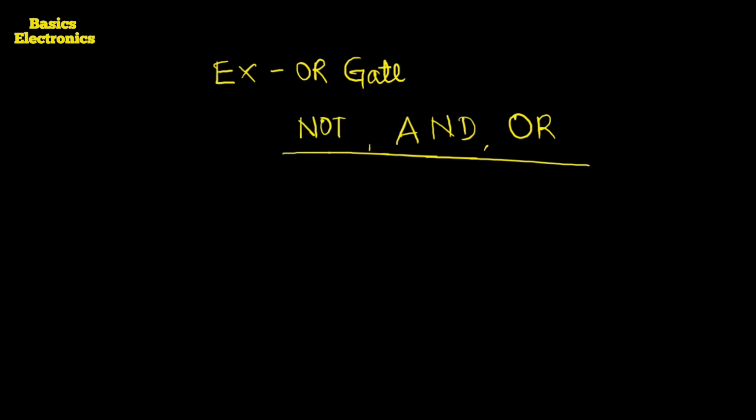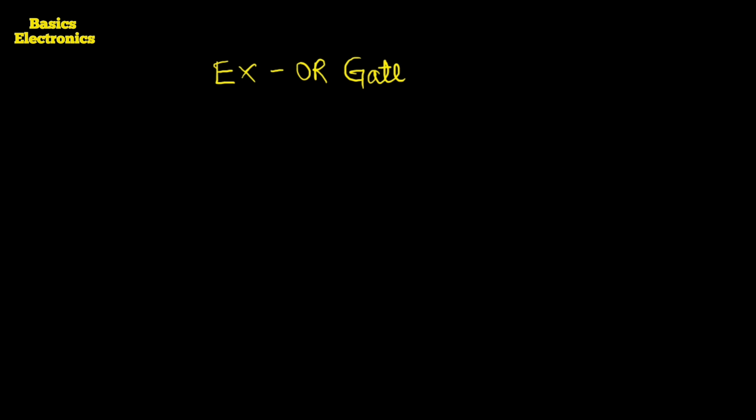Because we have to produce the output that is the mod 2 addition. In other words, the output of the XOR gate is different from all the gates we have seen. The XOR gate may have two inputs or more than two inputs, but only one output.